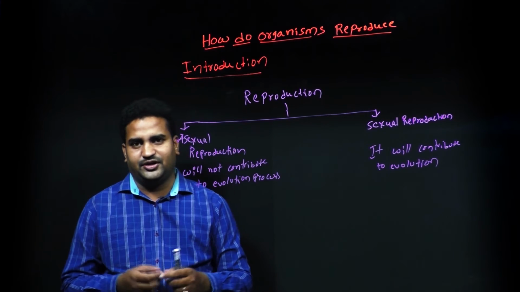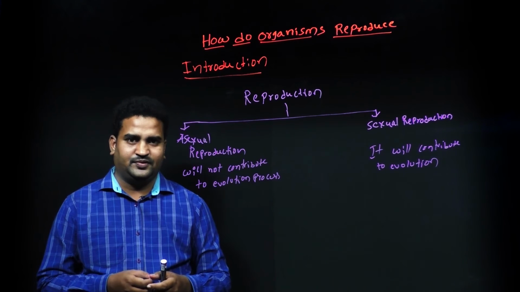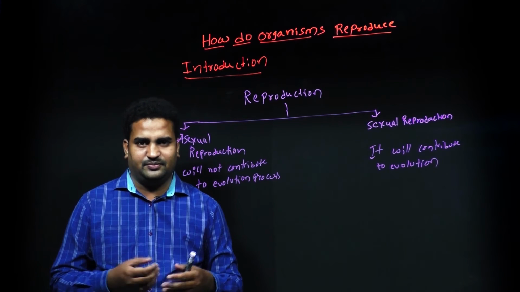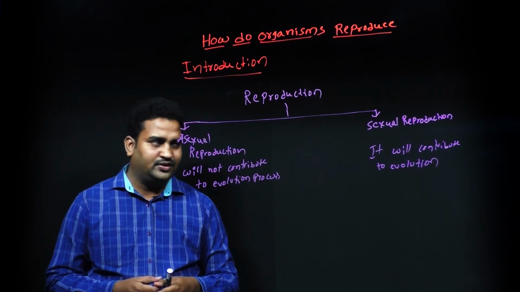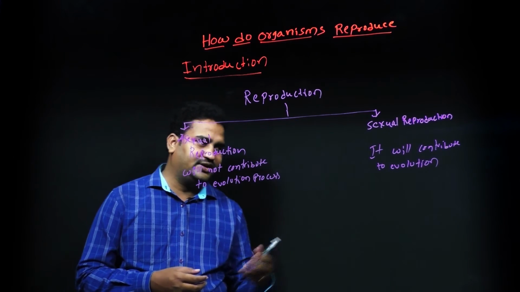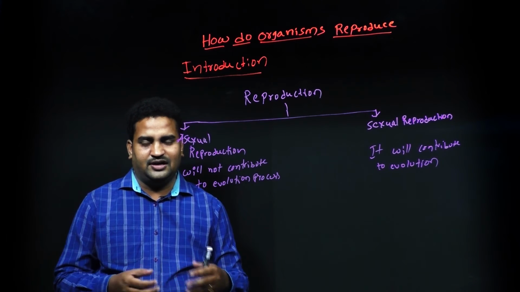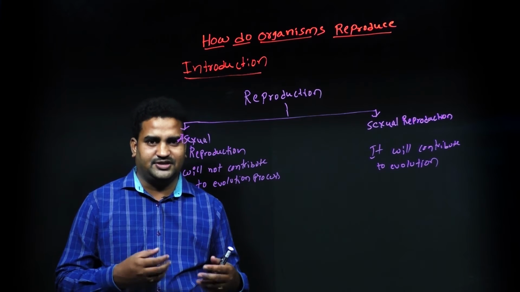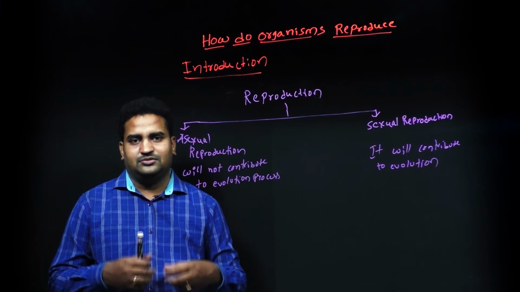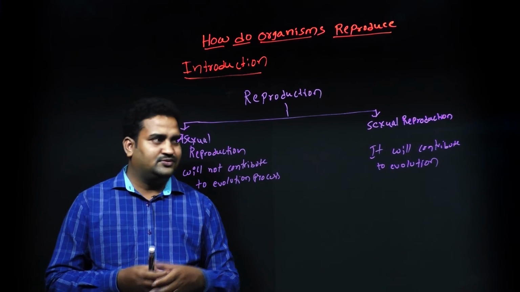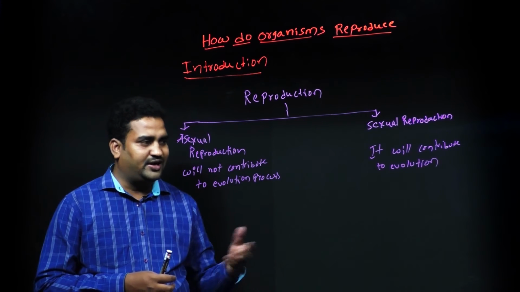In asexual reproduction, the offsprings are genetically weak because they always come from the same parent and the same genes are flowing. But sexually reproducing organisms are genetically stronger because there are always new combinations. Asexual reproduction occurs in lower organisms. Sexual reproduction occurs in all higher animals and plants.